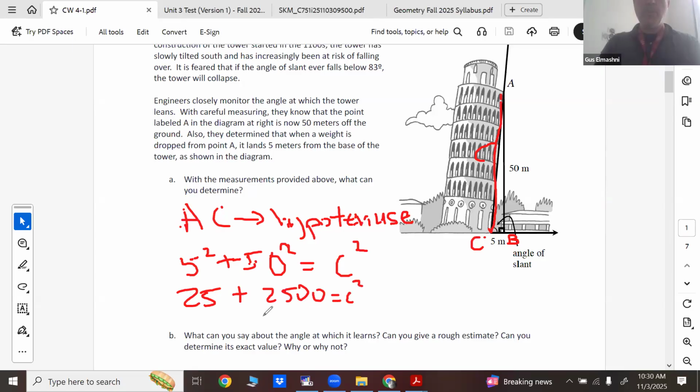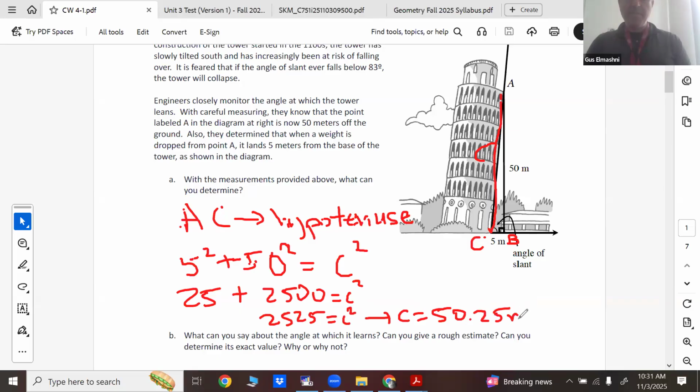So that is kind of a weird number. Okay, now my mouse is working. 2525 square rooted is about 50.25 meters.